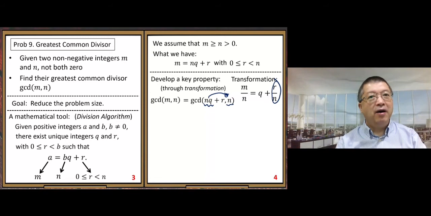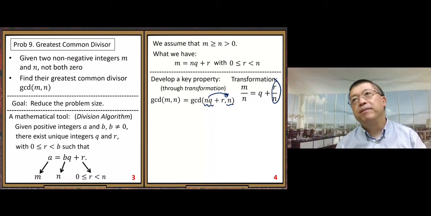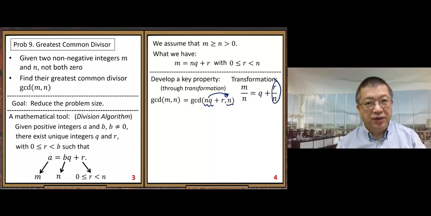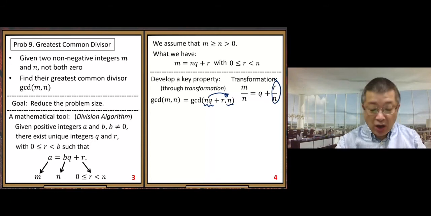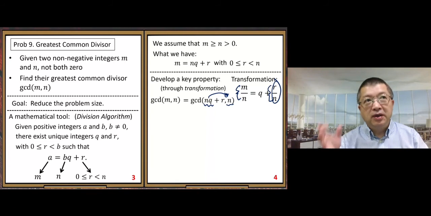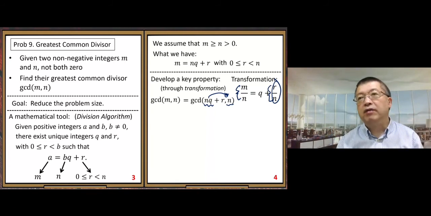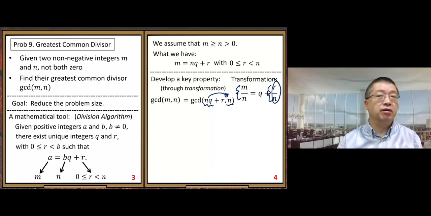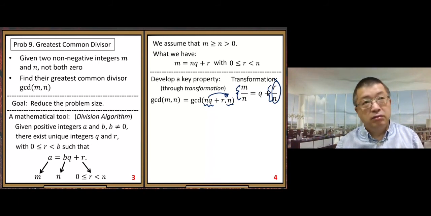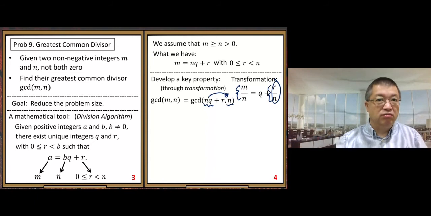Now there is a big observation we need to use. What's that big observation? The GCD of m and n equals the GCD of r and n. q does not change anything of the GCD. It's an integer part. It does not impact anything on the GCD part.